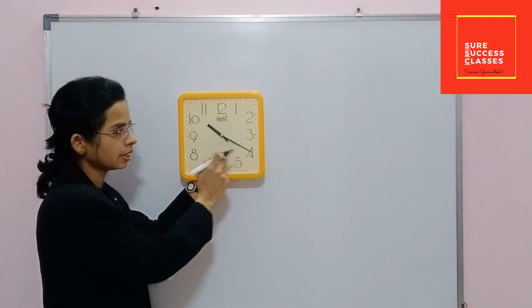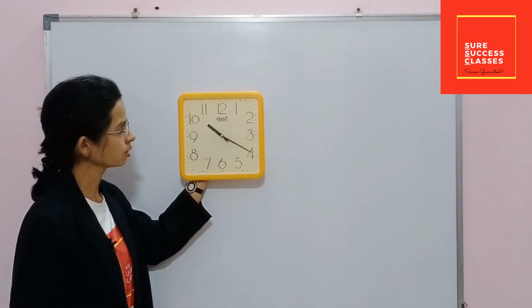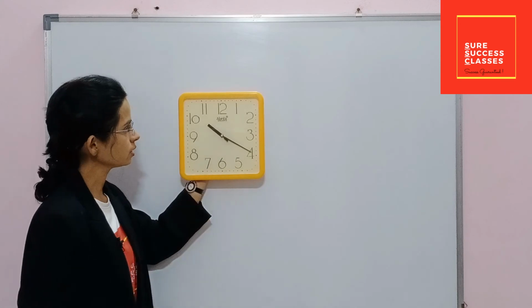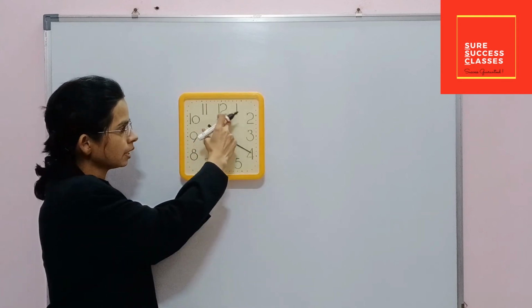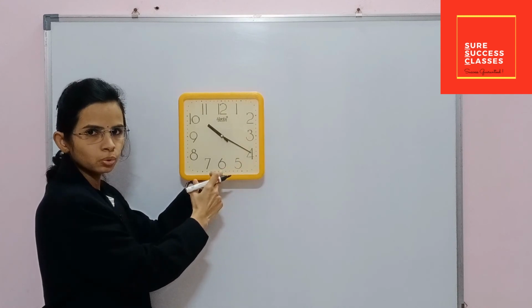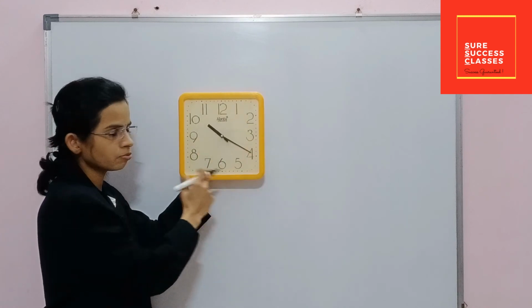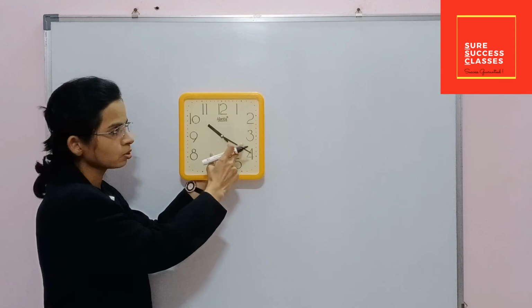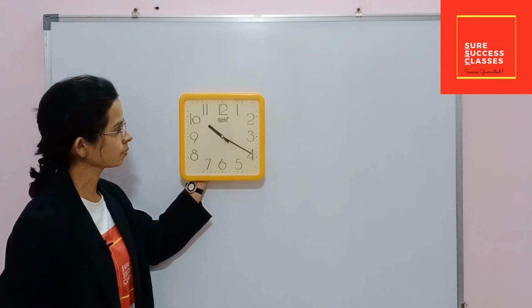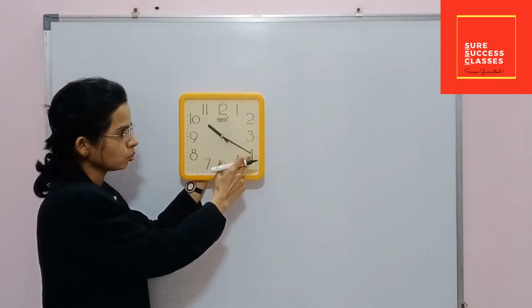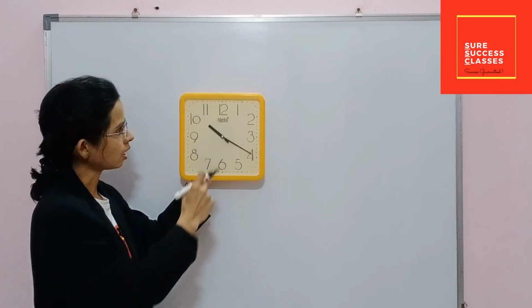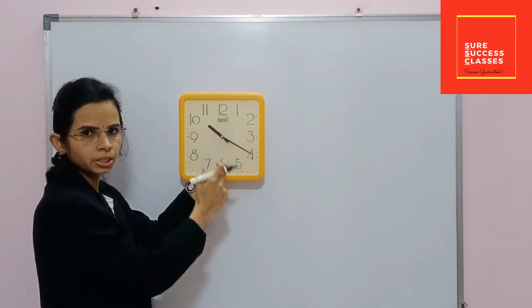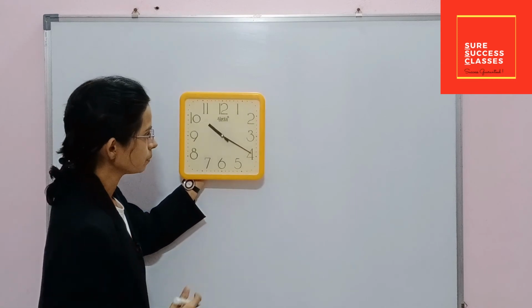The second question is, we have to tell the time at this position. Here the minute hand is at 4, means it is 20 minutes, and the hour hand is at 10. When the minute hand is between 12 to 6, between the first half, at that time we use the word past, and here 20 minutes past 10 means after 10 o'clock 20 minutes are completed.